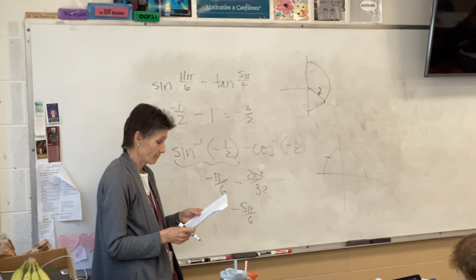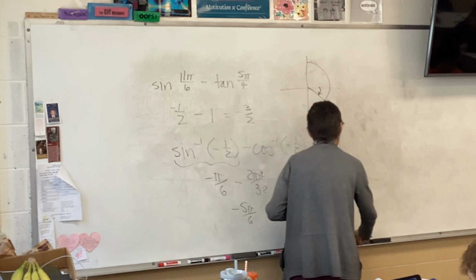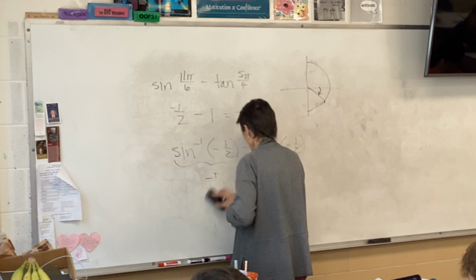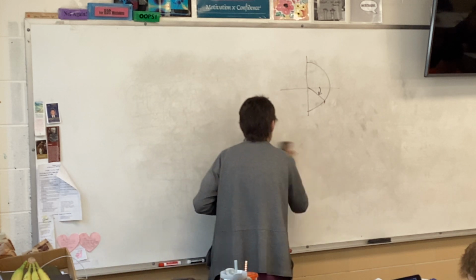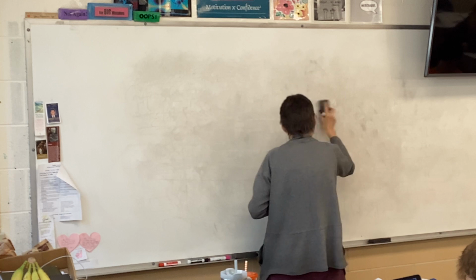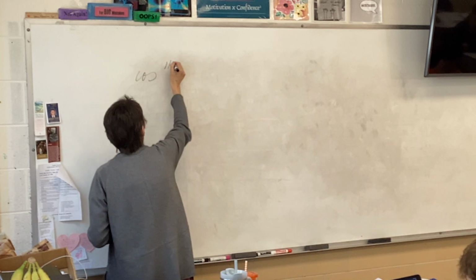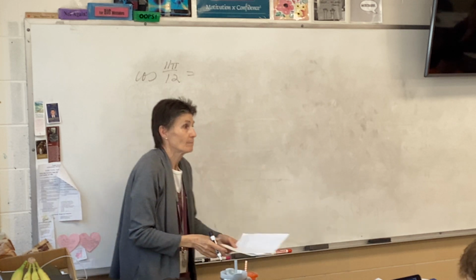Mike? Letter F on 11F says find the cosine of 11 pi over 12. Now, is 11 pi over 12 one of my unit circle angles? No. So if I am being asked to find its cosine without a calculator, I'm going to have to do what? Split it.